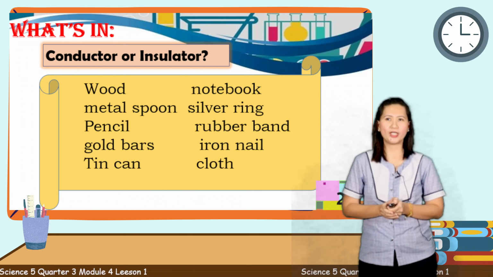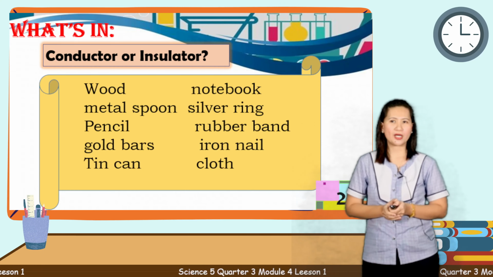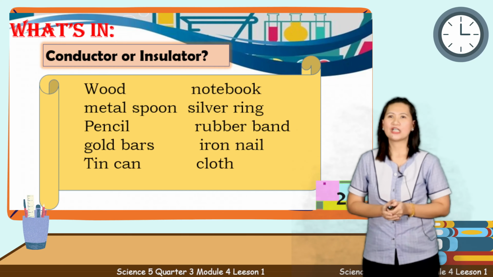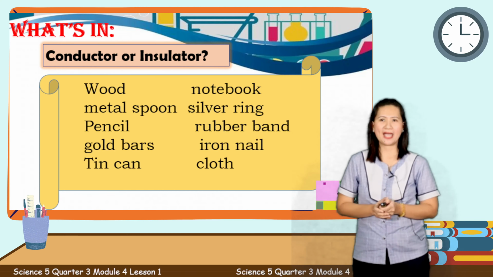We have wood, metal spoon, pencil, gold bars, tin can, notebook, silver ring, rubber band, iron nail, and cloth. So, I'll give you 20 seconds to write your answer.